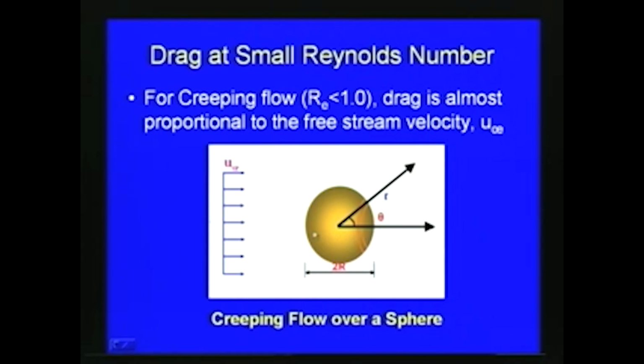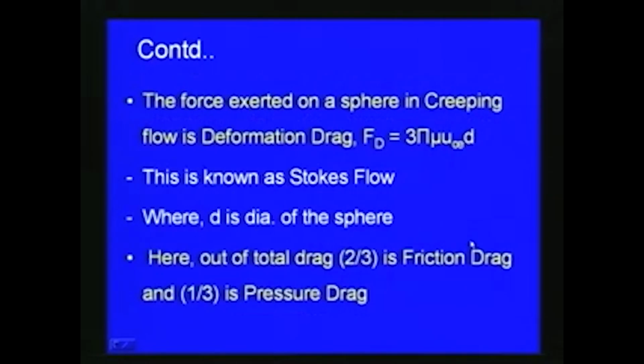So, for small Reynolds number considering creeping flow, Stokes showed that F d is equal to 3 pi mu u infinity d. This is known as Stokes flow, where this equation is applicable.